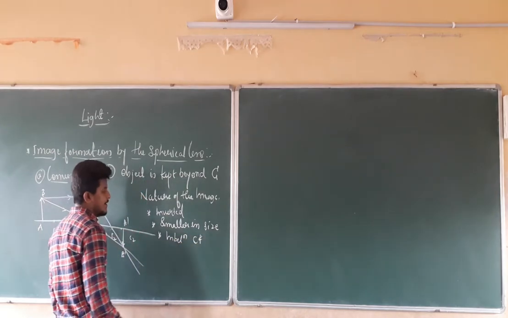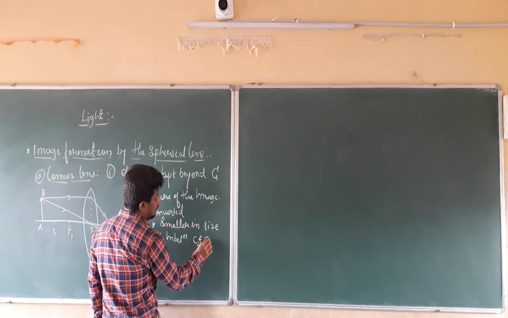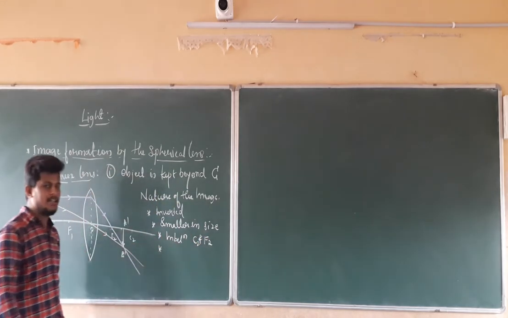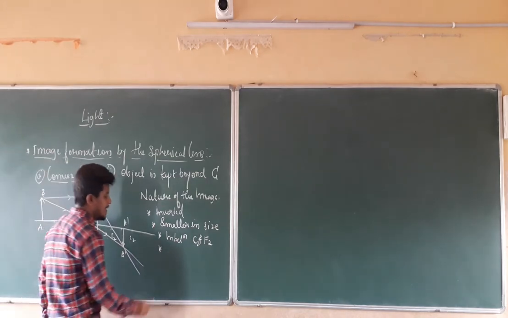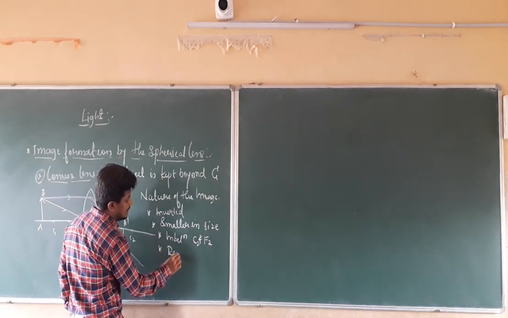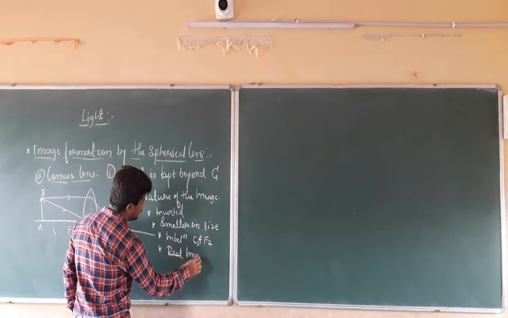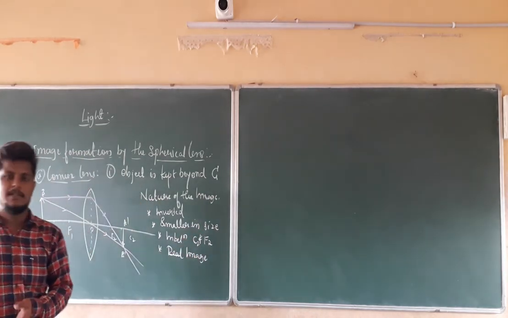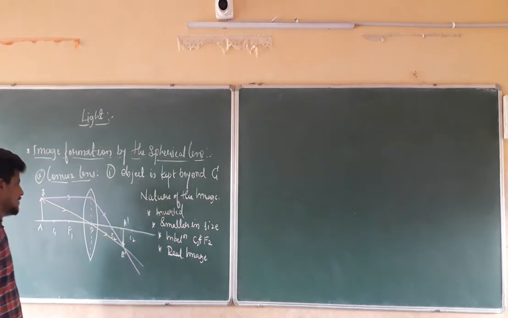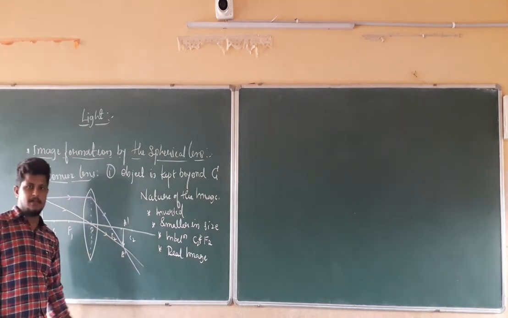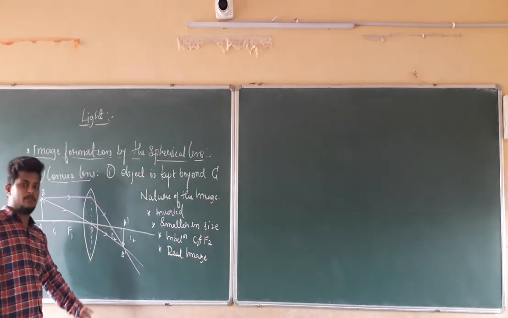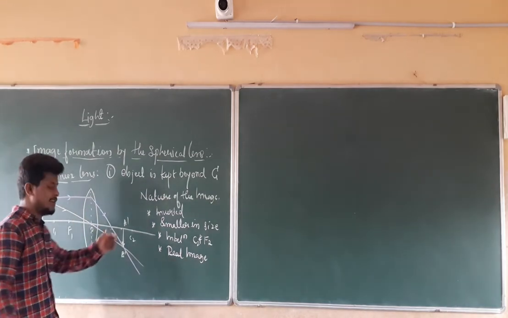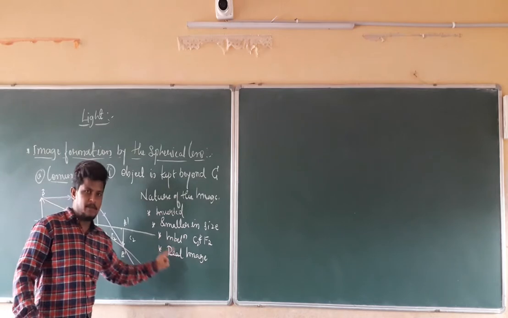So C and F, C2 and F2. You can see that C2 and F2. If you remember the previous class, all the inverted images are what? They are real images. This image is a real image. The same way, if you remember the previous class, in case of mirror, all the images which are forming on the left hand side are real images.